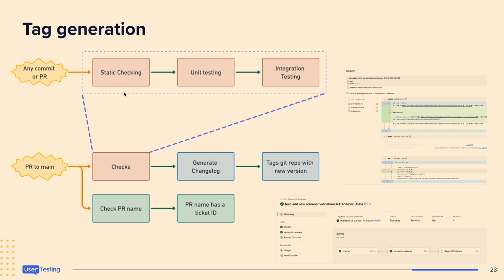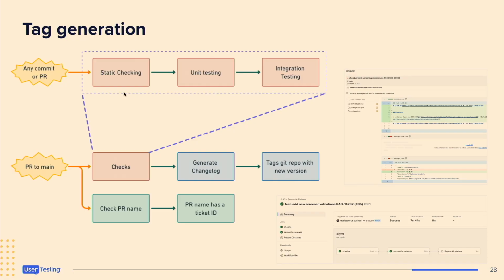In these PRs to main, since we just have trunk-based development, so we don't work with branches, when you merge the PR, we auto-generate a changelog, and we tag the repo with the new SemVer version. Here you can see some examples of the pipelines and the changes in the code.